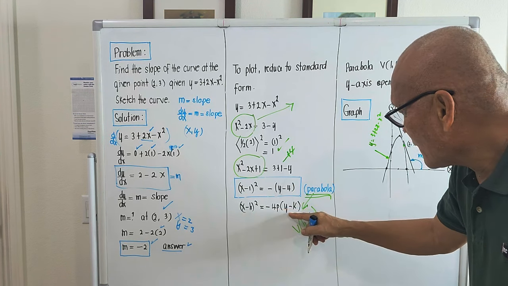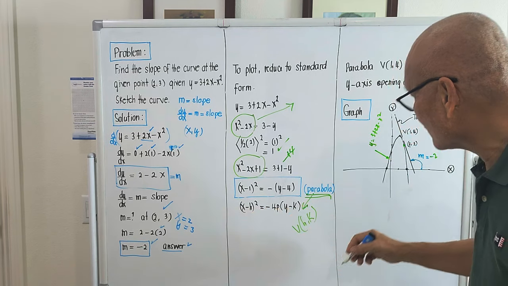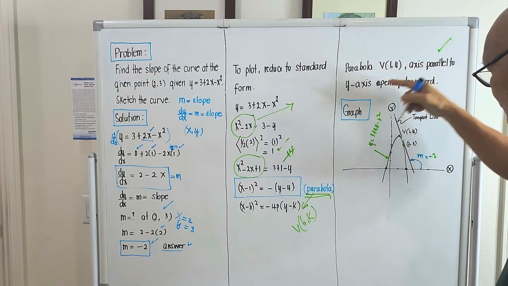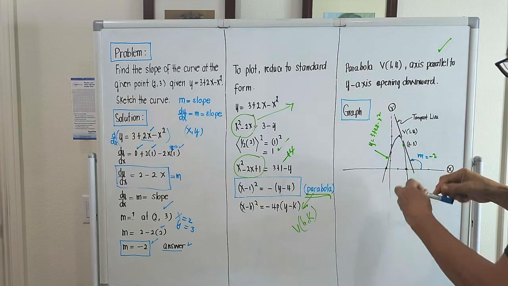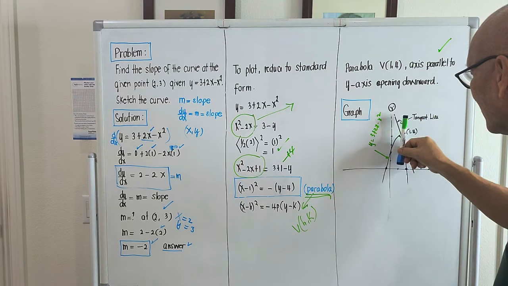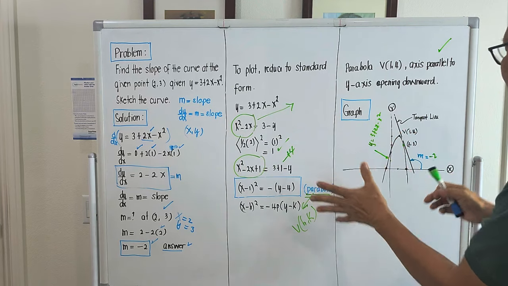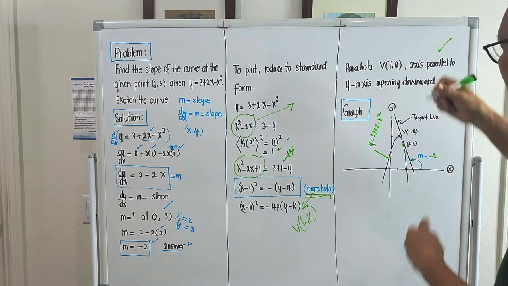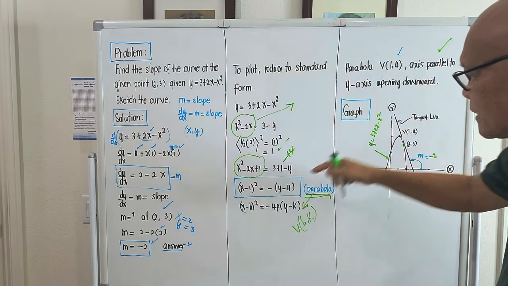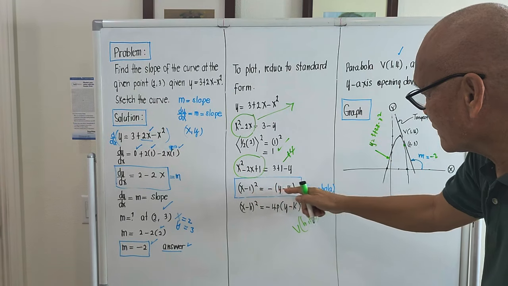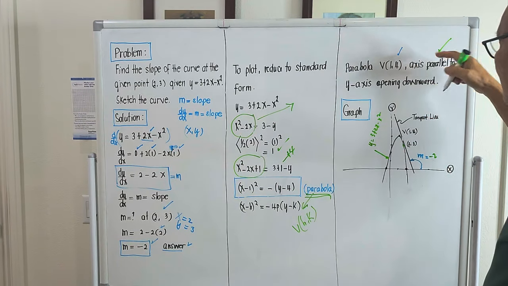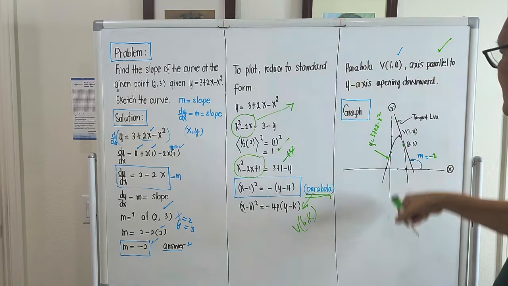For one value of y, there will be two values of x. So this is parallel to the y-axis. For one value of y, there will be two values of x, right? Left and right. So this is actually a parabola with vertex at 1 and 4. Okay. h here is 1, k is 4. Axis parallel to the y-axis.